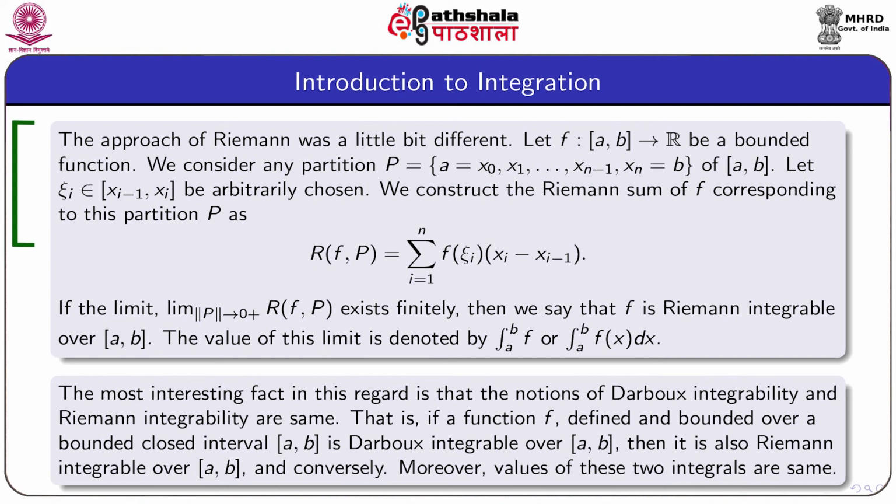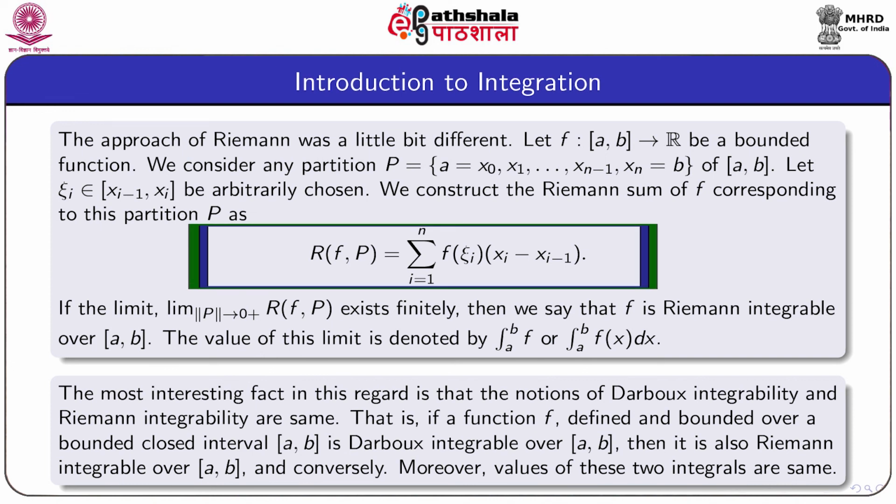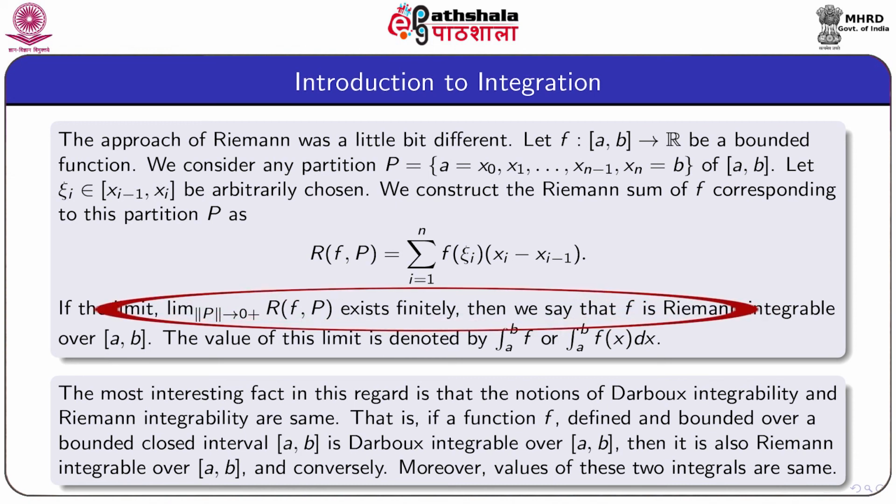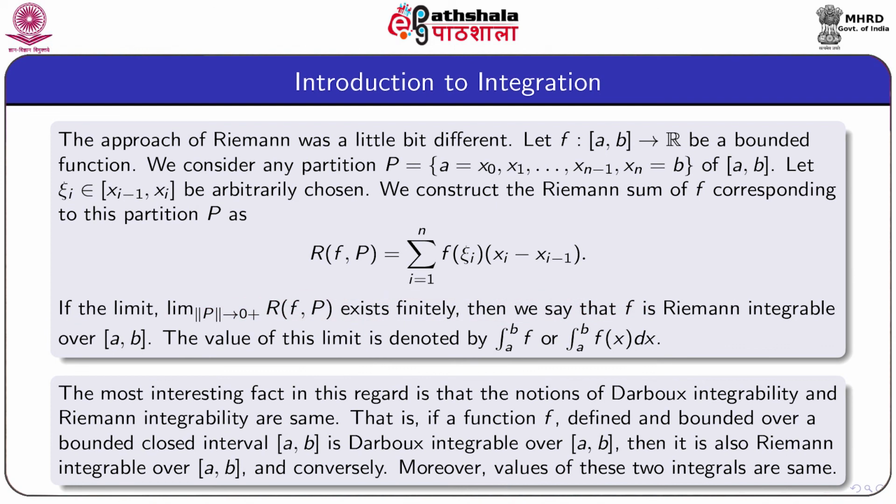We construct the Riemann sum of f corresponding to this partition P as R(f,P) = summation i equal to 1 to n f(ξi)(xi - x(i-1)). If the limit as norm of P tends to 0+ of R(f,P) exists finitely, then we say that f is Riemann integrable over [a,b]. The value of the limit is denoted by integral a to b f or integral a to b f(x) dx.